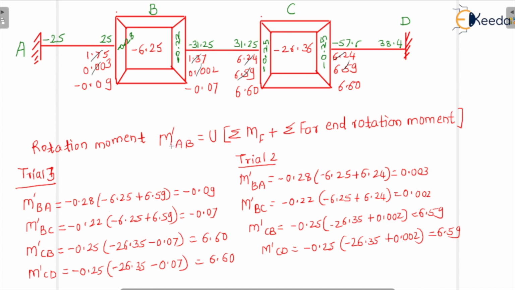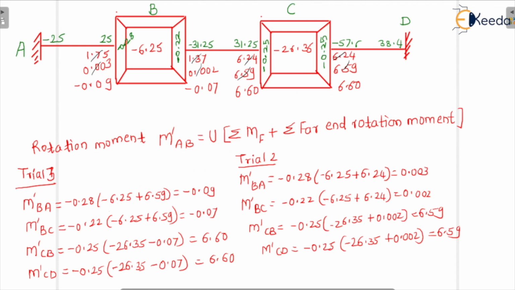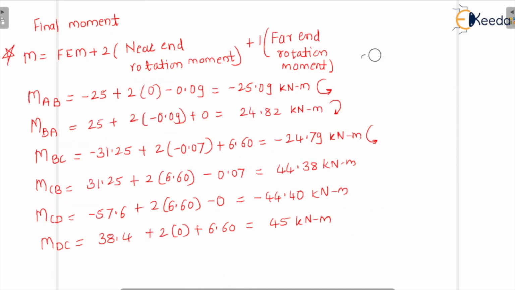Once we get the satisfactory final answers, we use those moments in the next equation, that is M equal to fixed end moment plus 2 into near end rotation moment plus 1 into far end rotation moment. In this we use all the previously calculated final values, and finally we get the final moments.